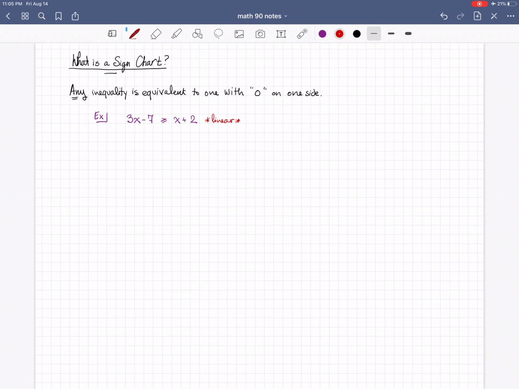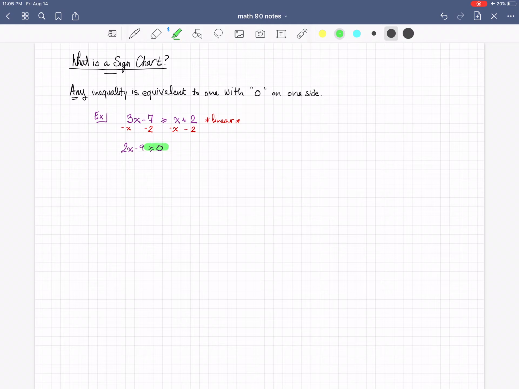Let's move everything to one side. So let's move everything to the left. We'll subtract x from both sides, and we'll subtract 2 from both sides. What we end up with is 2x minus 9 is greater than or equal to 0. Now I want to take just a second and talk to you about this.